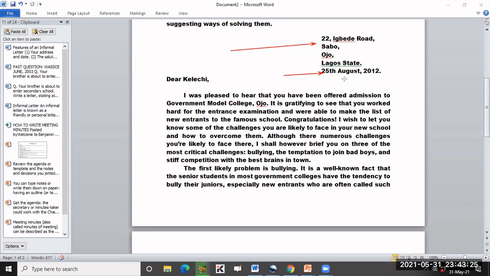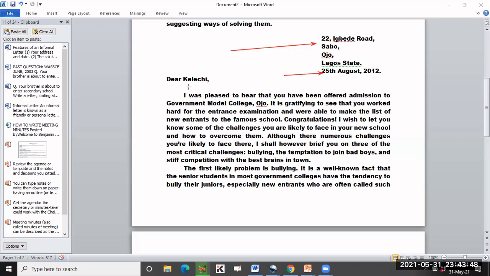Take note of the address: we have punctuated it, and then we put a full stop where the address ends. Then the date begins, and you can see the punctuation again. After the month, there is a comma, and after the year, there is a full stop.